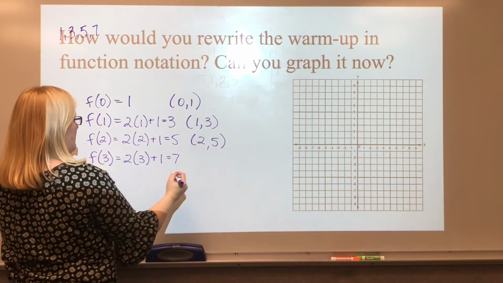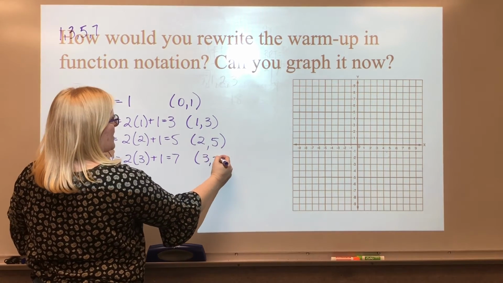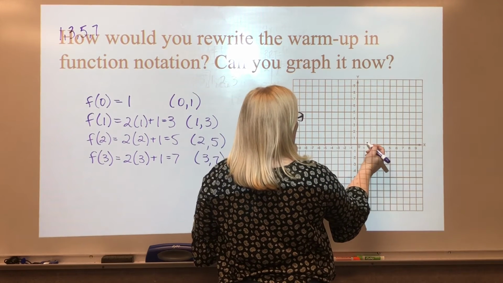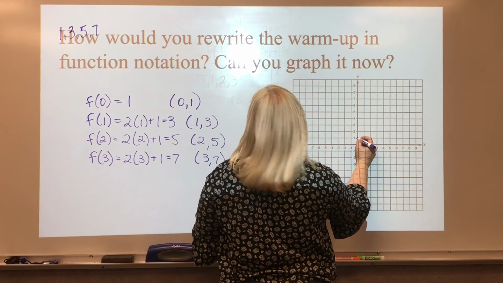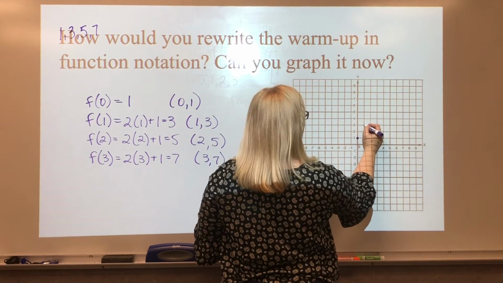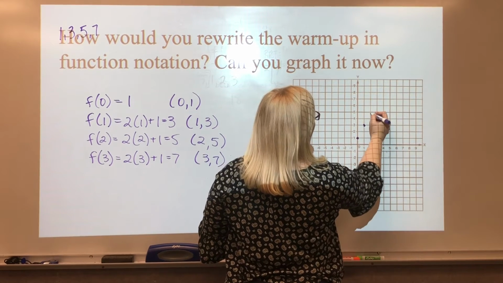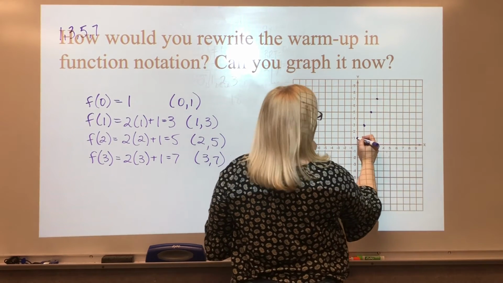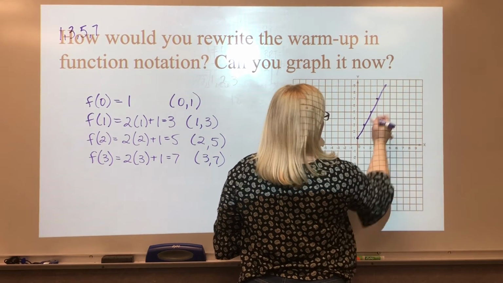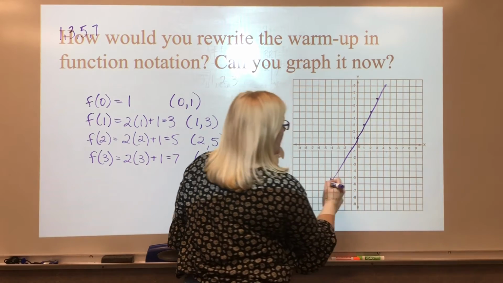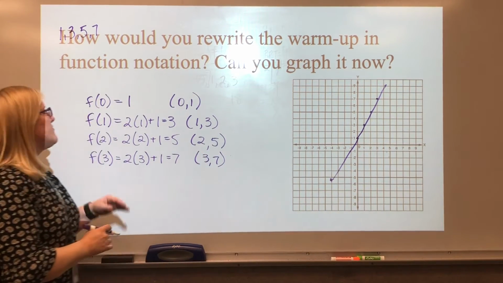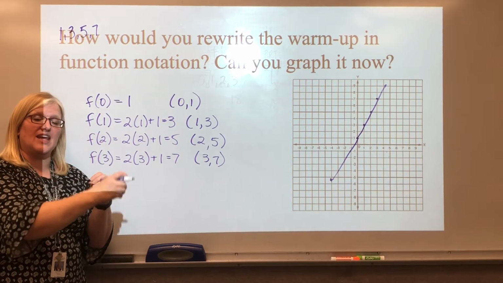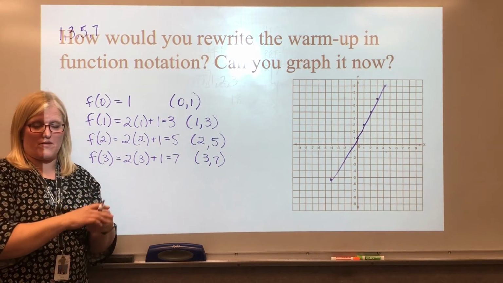And finally, we have 3 and 7. So 0, 1; 1, 3; 2, 5; and 3, 7. This is actually a line. But function notation tells me which values of x I'm putting in to solve for.